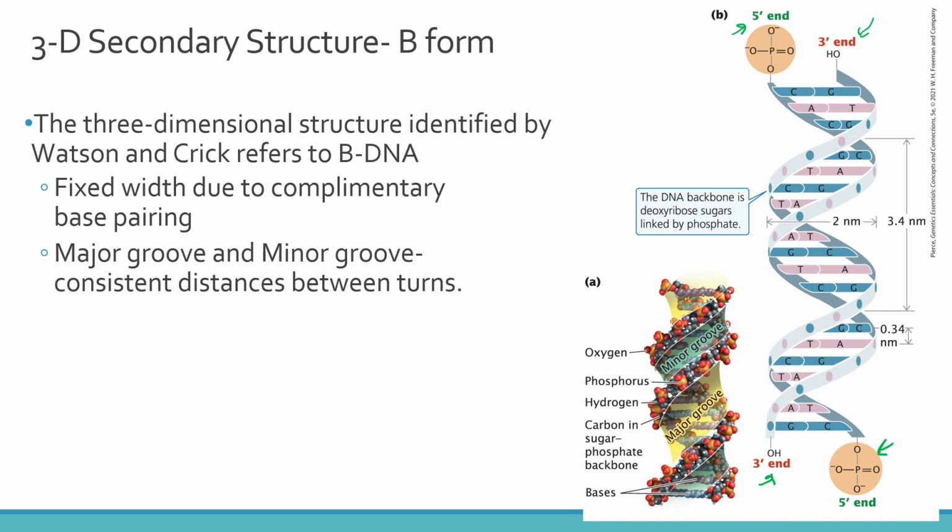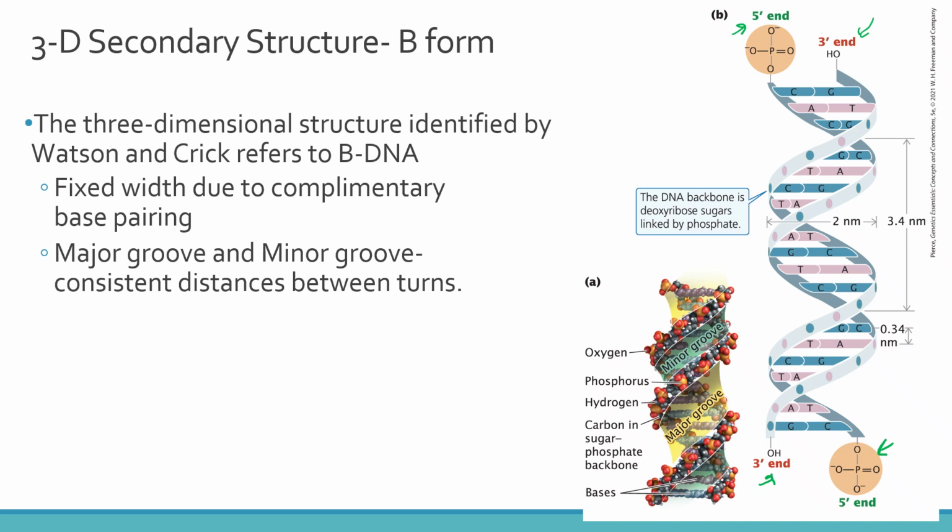Obviously we're at the molecular level, but between every full twist, we're going to see 3.4 nanometers. That width that I talked about was 2 nanometers across the molecule from the edge of one backbone to the edge of the next.